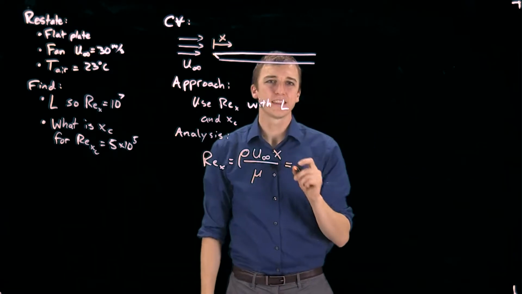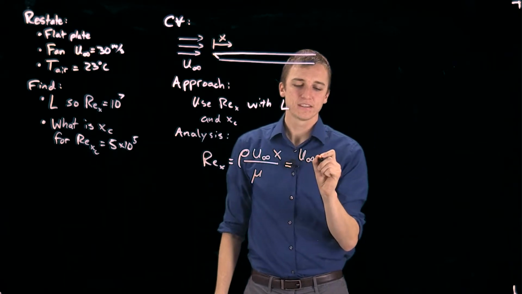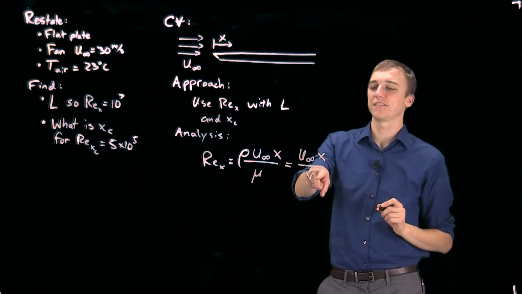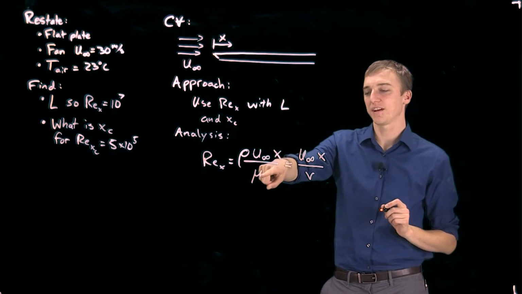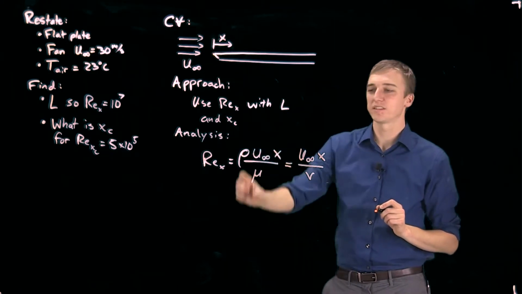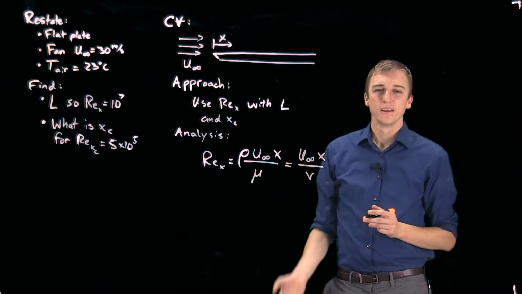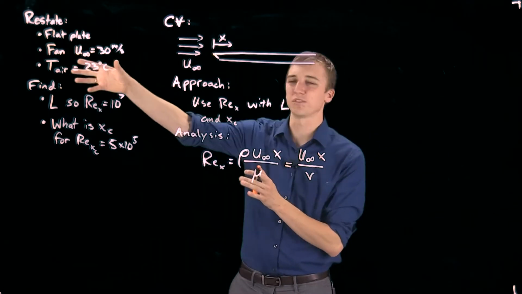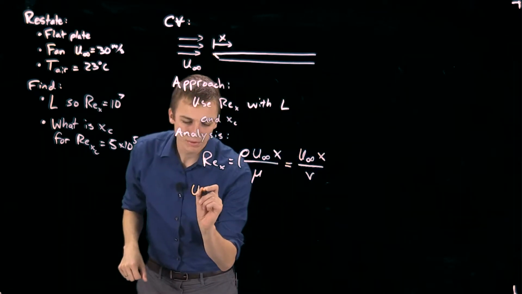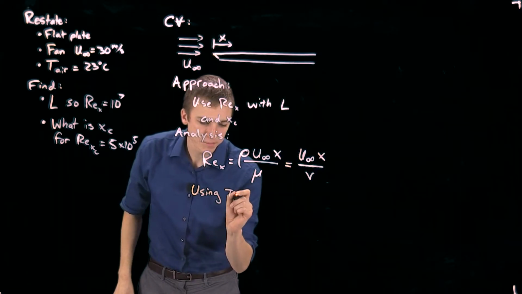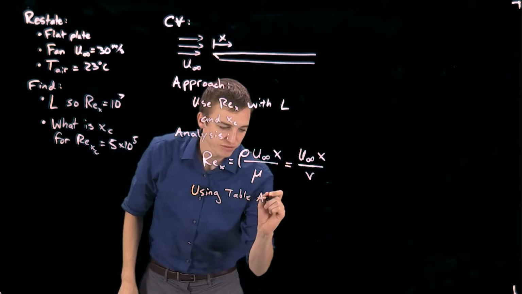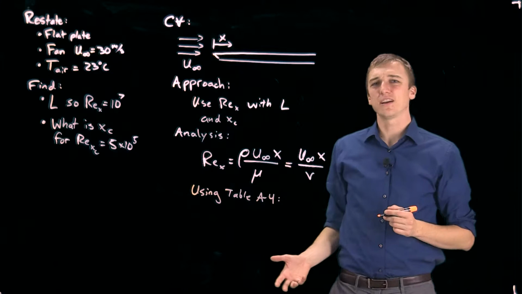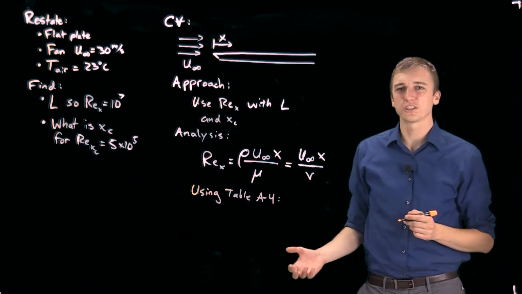You can rewrite this as U infinity times x divided by nu, which is the kinematic viscosity, or dynamic viscosity divided by density. So these two absorb into this term. The reason we're going to do that is because we weren't given viscosity in the problem, just the temperature of the air. So we need to use table A-4. There's an entry in that table for air, giving viscosity, density, etc. as a function of temperature.